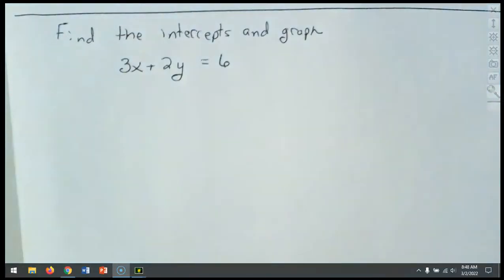Okay, so here's our equation. And they want you to find the intercepts, and they want you to graph this equation.